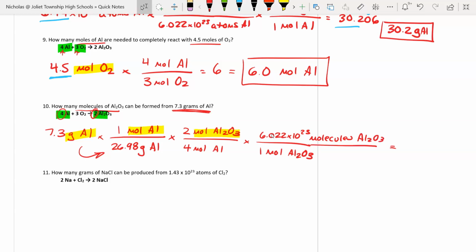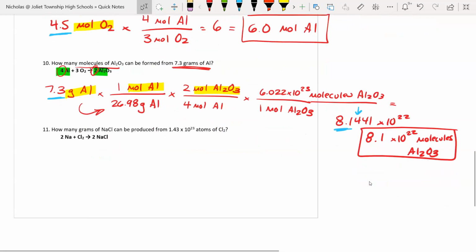And when I multiply this out on my calculator, I get 8.1441 times 10 to the 22nd. And going back to our given, we have 2 sig figs here. So I'm going to underline the first 2 digits and look at the third. So when I go to round this, this will be 8.1 times 10 to the 22nd. And these are molecules of Al2O3.